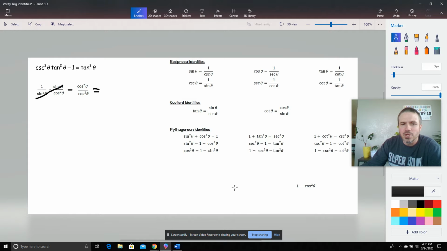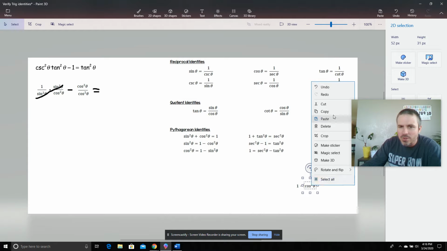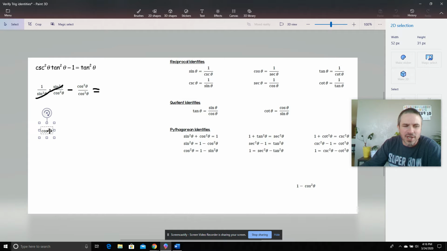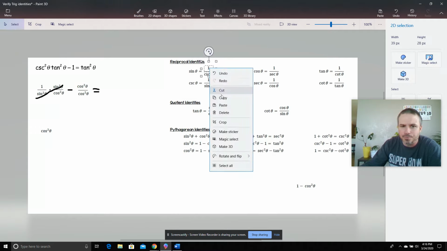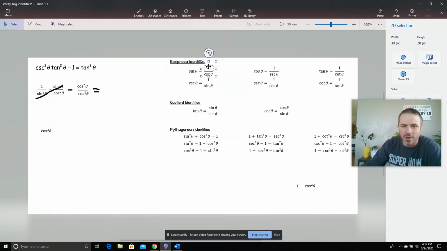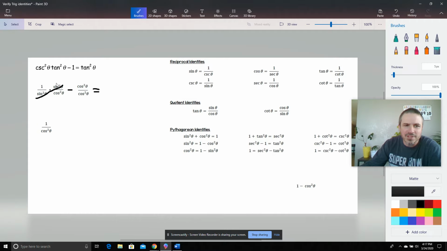So that's really cool. What that's going to do is leave us with this 1 over cosine squared over there. So give me a second to build that. So cosine squared of theta will be the denominator. And then the numerator is just going to be the 1 on top. So we'll get that 1 on top here. So here is the fraction on the left side. This fraction simplifies to this, okay?